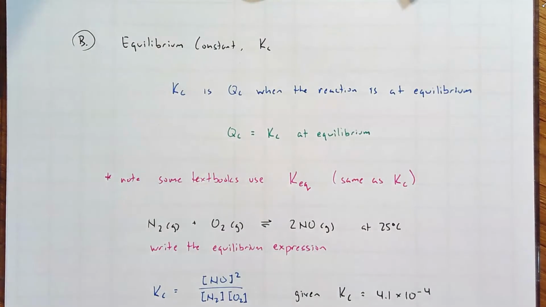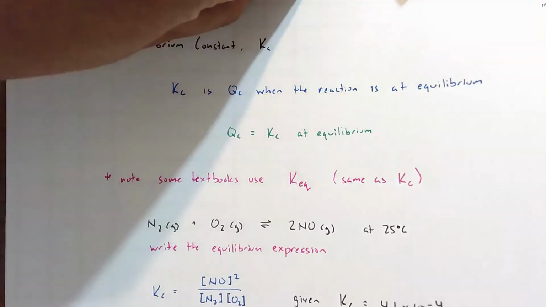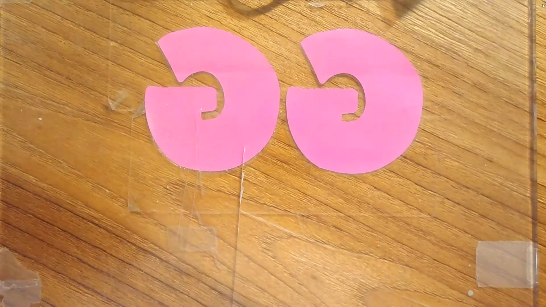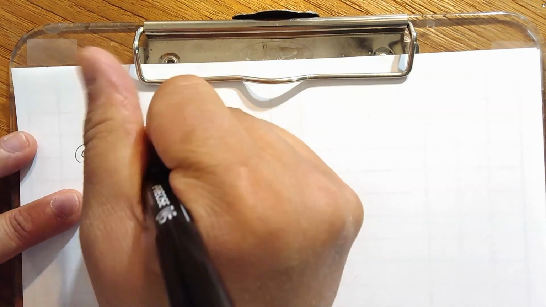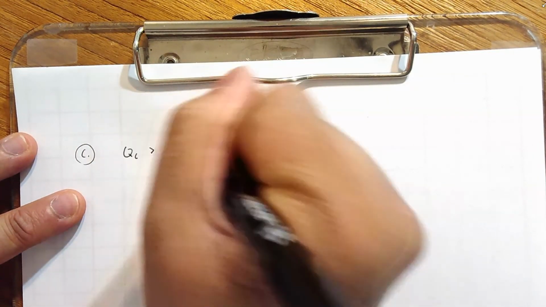The last topic I want to talk about in this video is the comparison of Qc and Kc, or the relationship. Simply, what if Qc is greater than Kc?